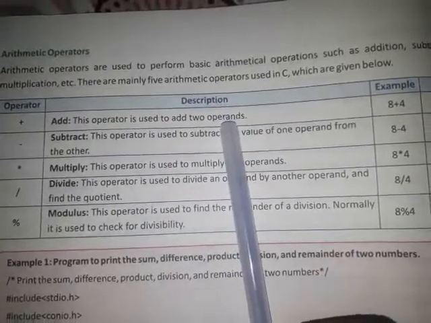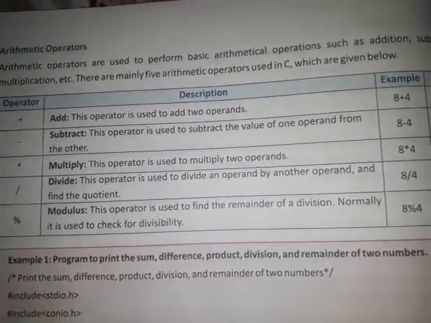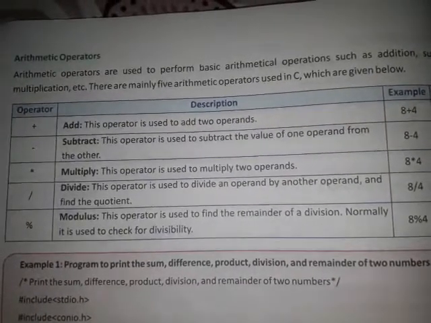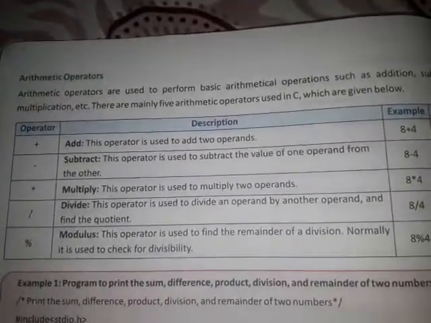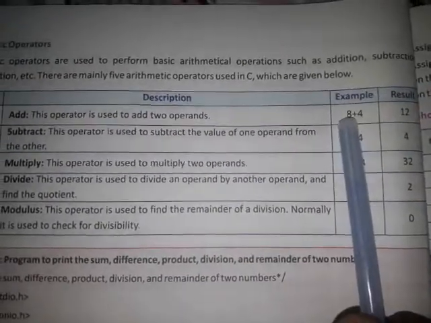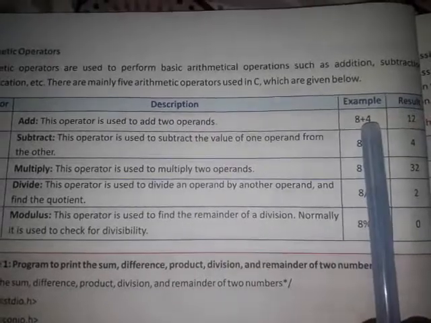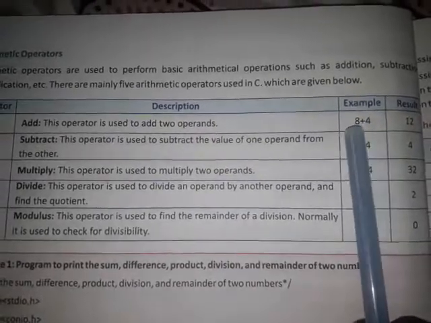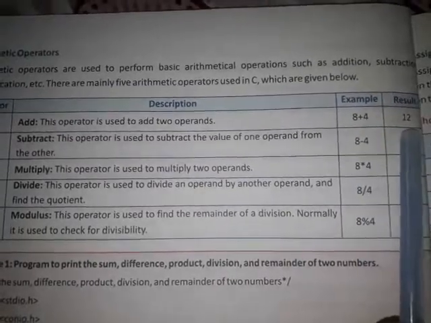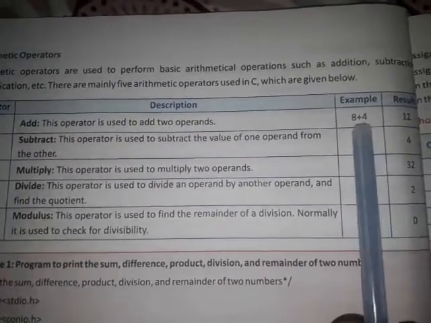We already discussed in our last class what operands are. Here 8 and 4 are the two operands, and between 8 and 4 there is addition. So 8 plus 4 is 12. Addition will add the operands.